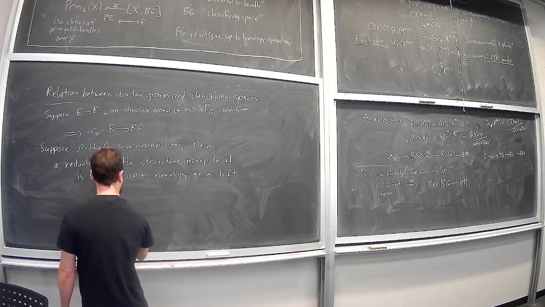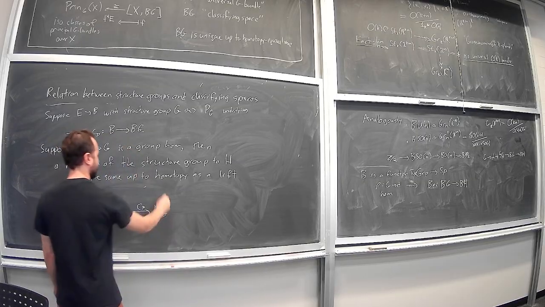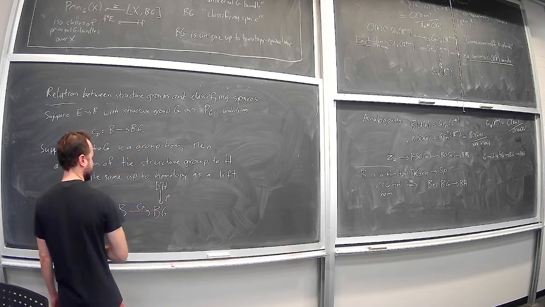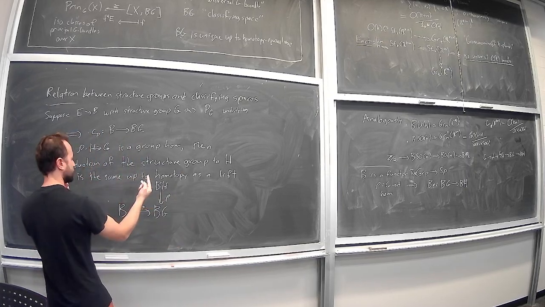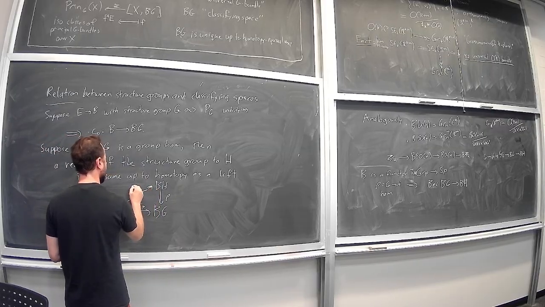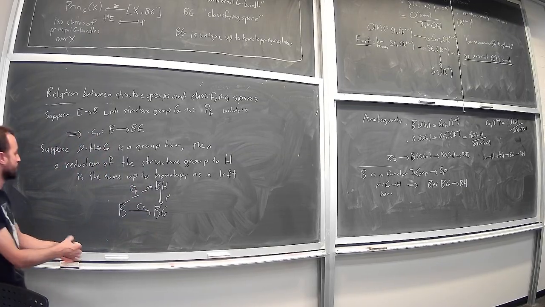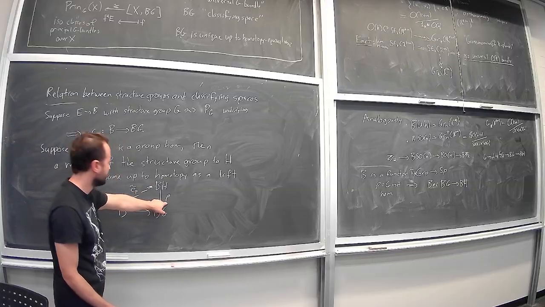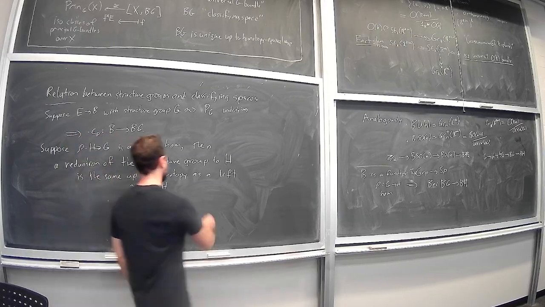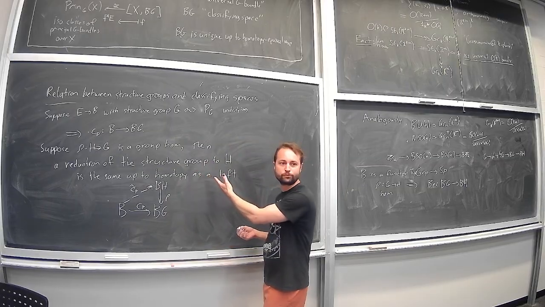So we have B going to BG, classifying our original bundle P. We have BH and Brho. And so a reduction of the structure group to H is the same as just lifting the classifying map to BH. So instead of fuddling around with these local trivializations, we just have a space and a continuous function. We're asking, can we find a lift? And so the different lifts up to homotopy correspond to the different reductions of the structure group.